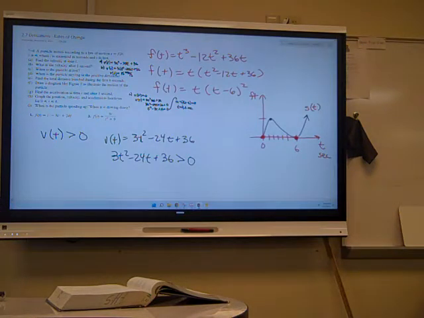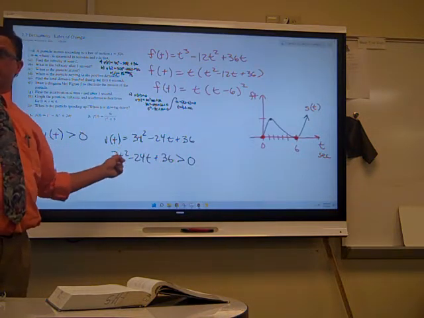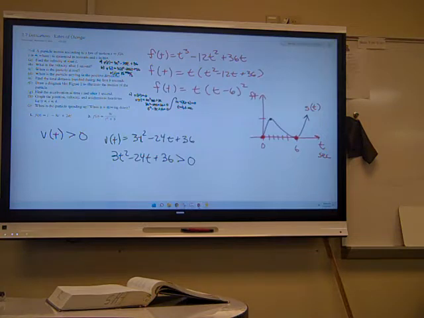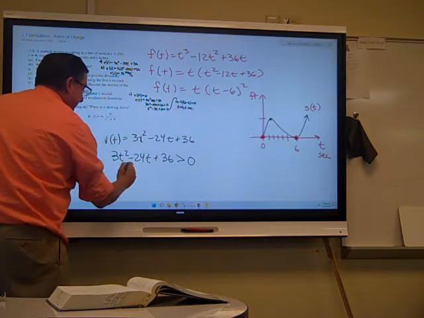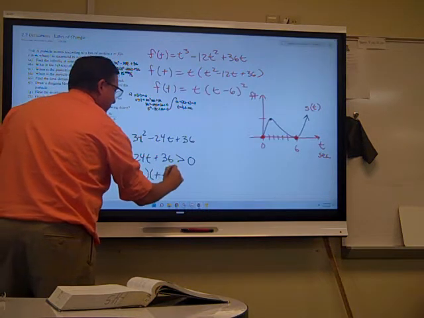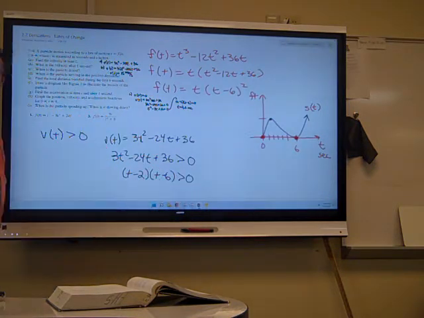Now, the nice part is, what did we already find? We already found the zeros, 2 and 6. You guys agree? Up here, we already found the velocity is 0 at 2 and 6. So everybody, again, I can simplify this. I'm not going to spend time with it because we divide by 3 and factor. We did that in the previous problem.